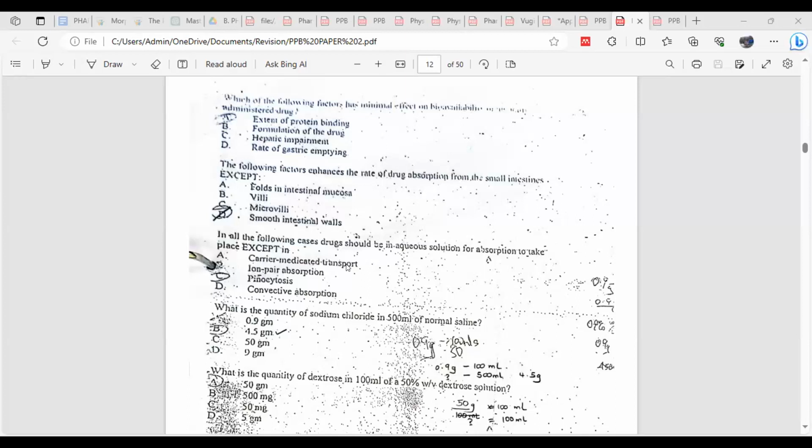Chai umeenda na smooth intestinal wall. Endelea.